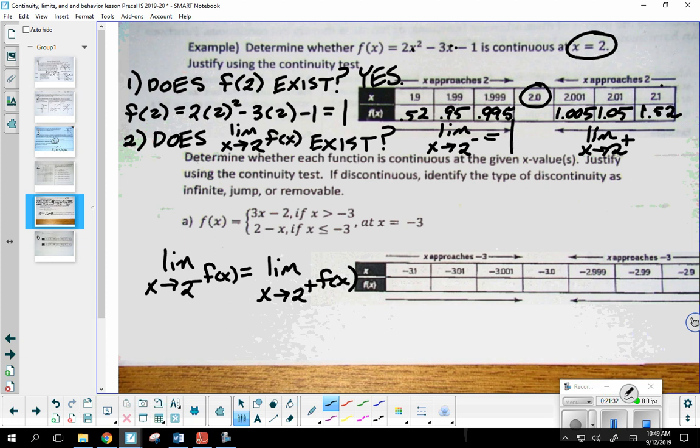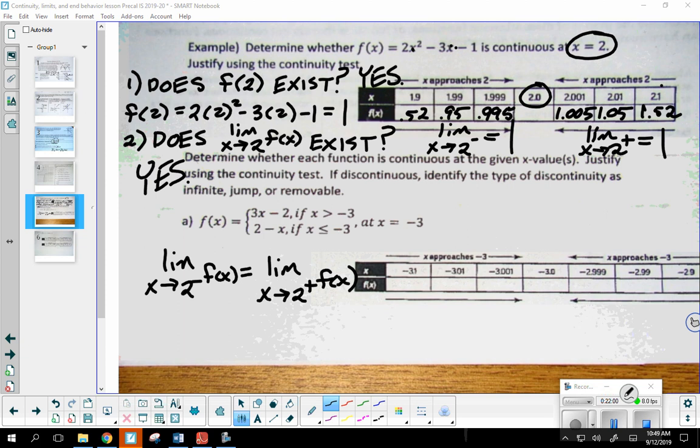So I would say the limit as we approach 2 from the left is 1. Now, as I start at the end, 1.52, 1.05, 1.005, what's the limit as I approach 2 from the right? 1. Okay. So here's my question. Does the limit as x approaches 2 exist? Yes. As long as you approach the same number, whoa, interesting, from both sides, then that limit exists.